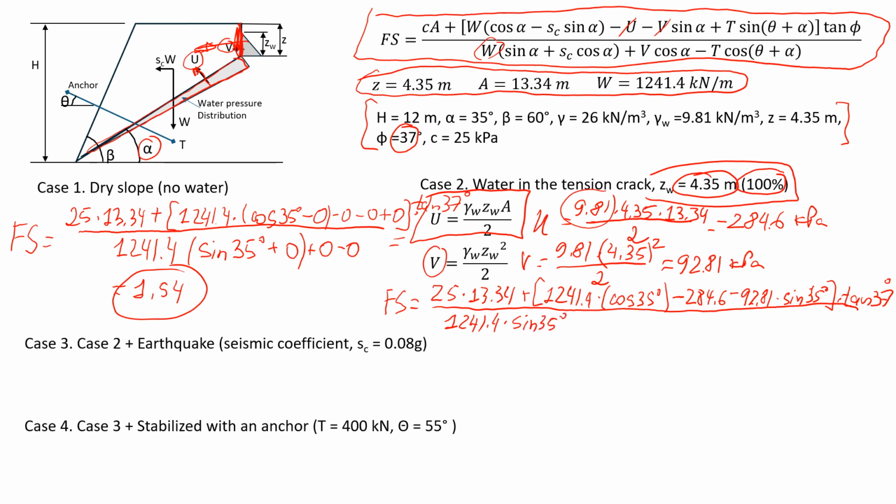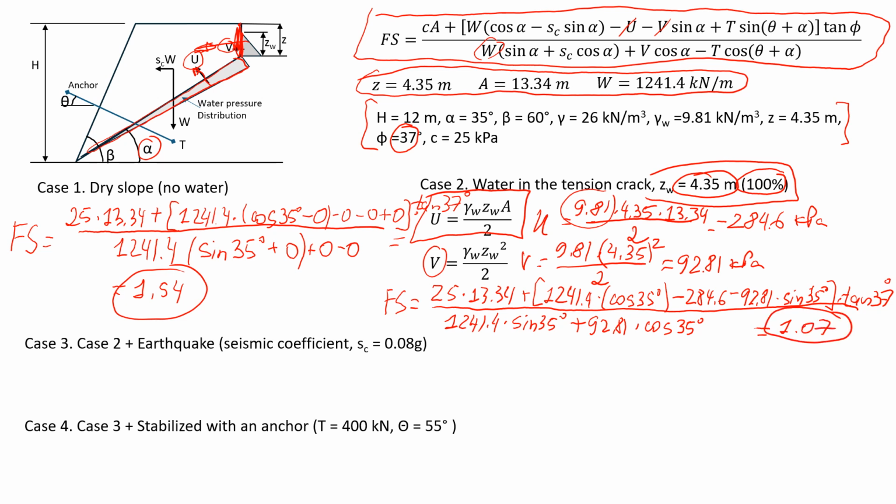Again, there is no seismicity, so that value will be 0. But we have that value V, which is water pressure, 92.81 times cosine of 35 degrees. And again, we don't have anchor yet, so value T will be 0. So if we do some calculations, and I did it beforehand, the value of safety factor will be 1.07.